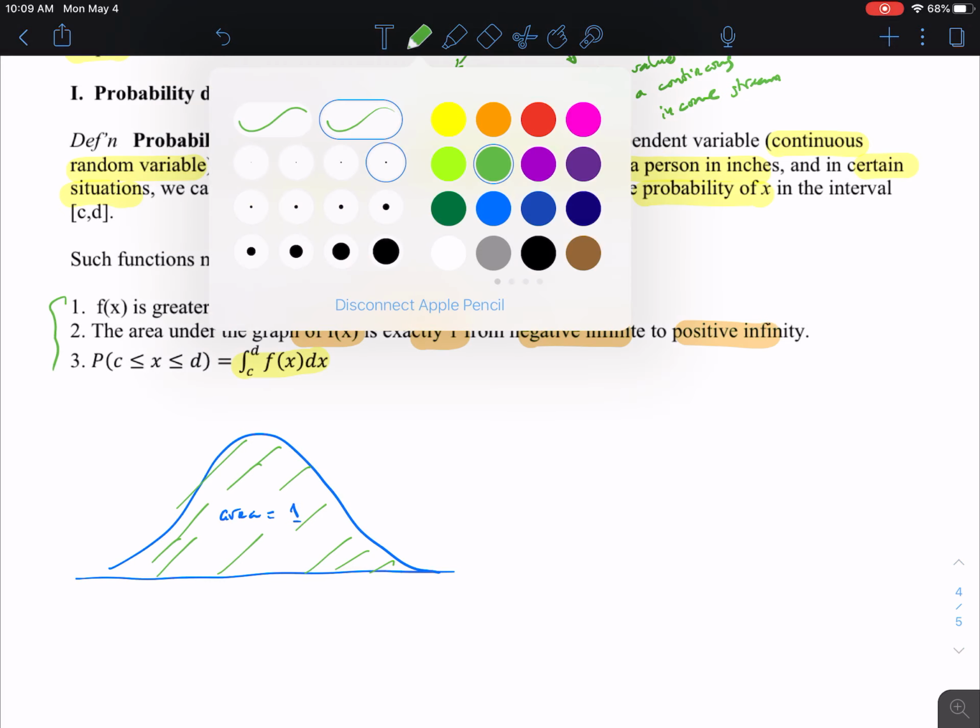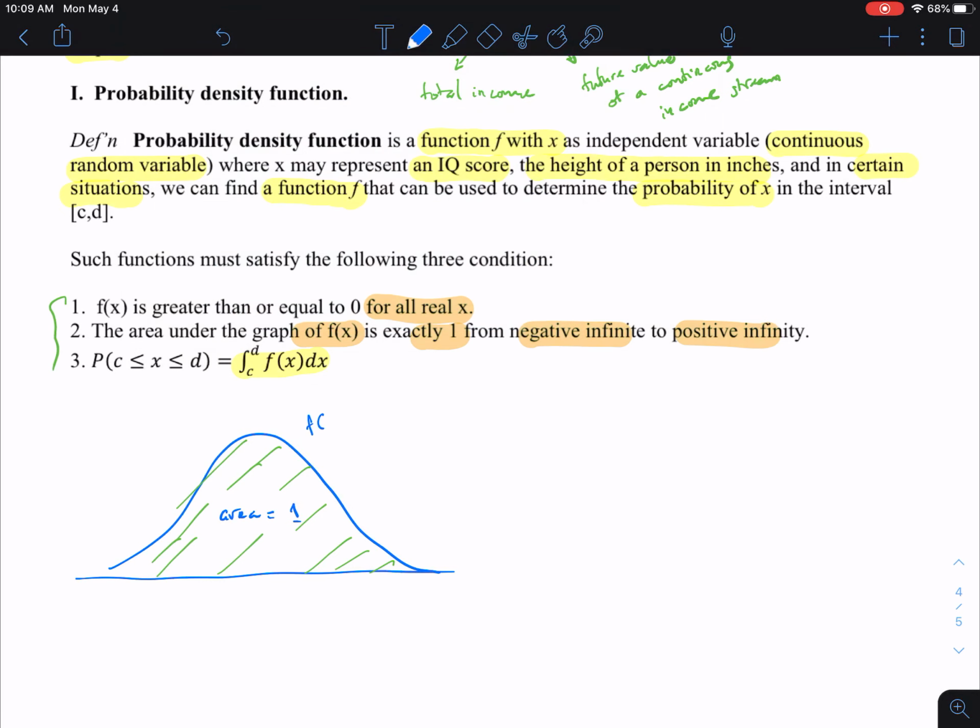And f of x is greater than or equal to 0. So this is your curve here, f of x. That's the probability density function.